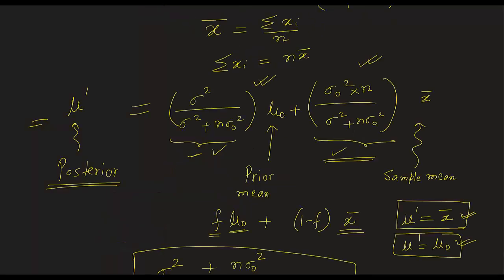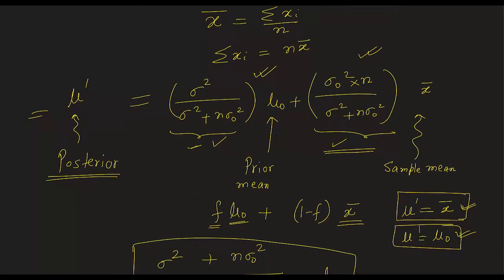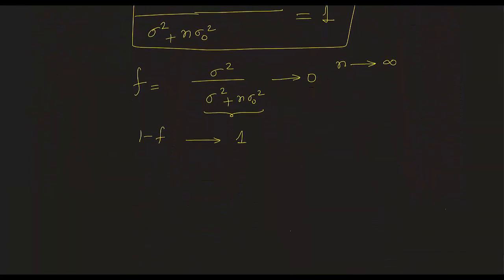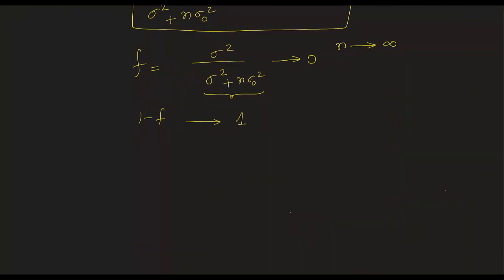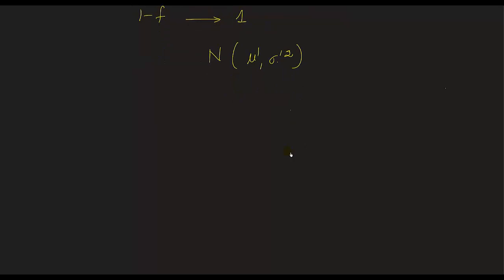So we basically saw in this video how we can calculate the posterior, which has a normal distribution with mean mu dash and standard deviation sigma dash, that is, in terms of variance, sigma dash square. Once I know mu dash and sigma dash, I can plot my posterior distribution for mu.